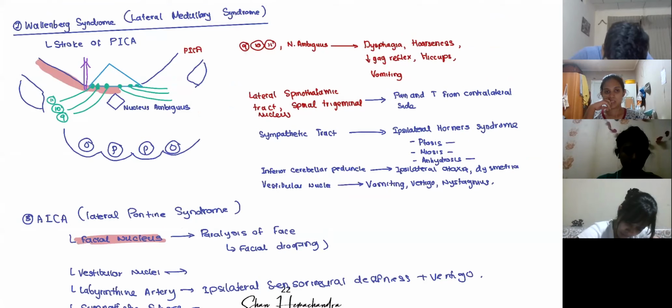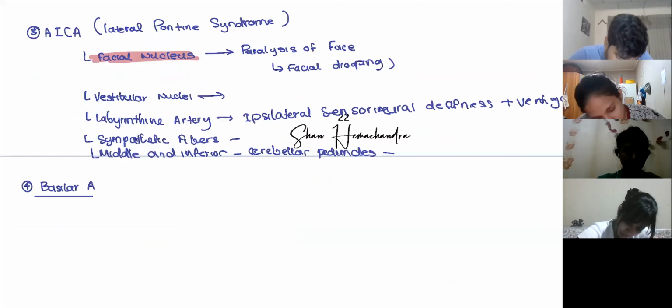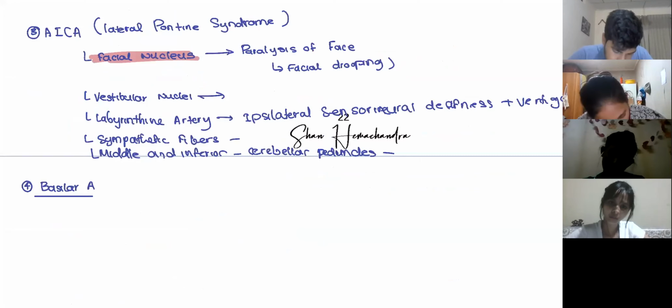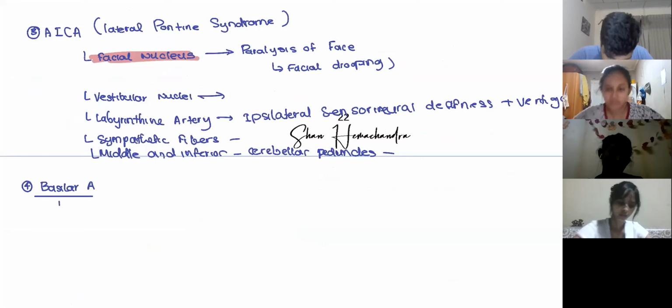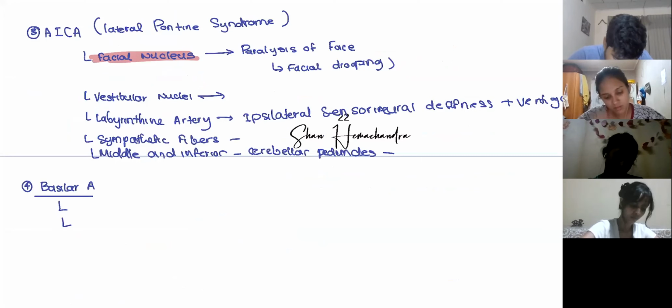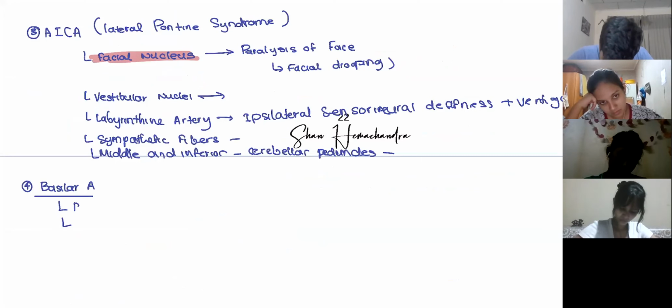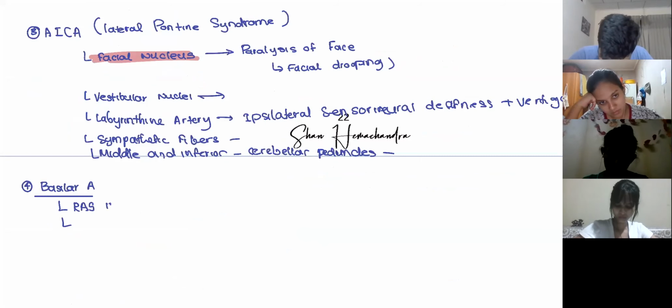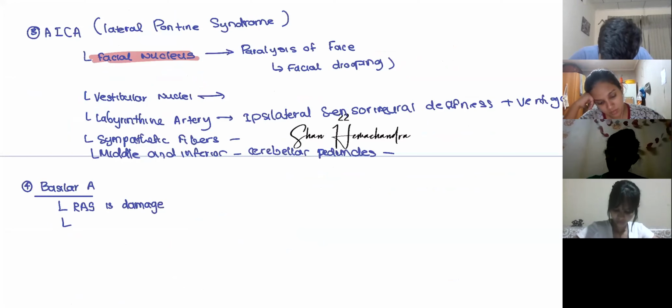Basilar artery, the big one. If this is damaged, 3 things. Basically what happens is, if RAS, the reticular activation system, is damaged, the patient can go into a coma.